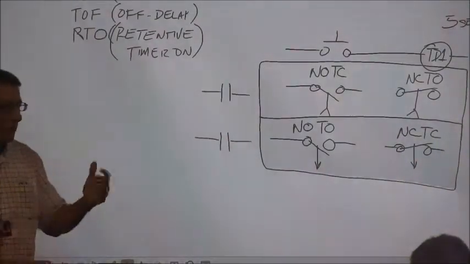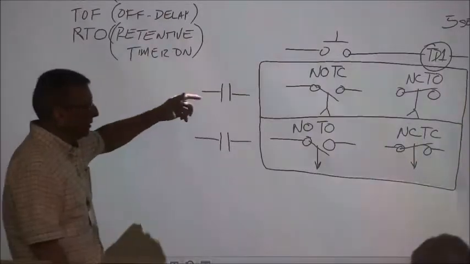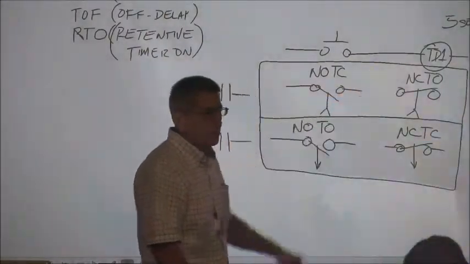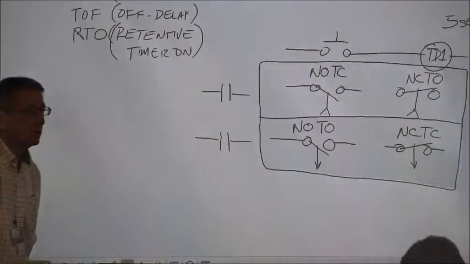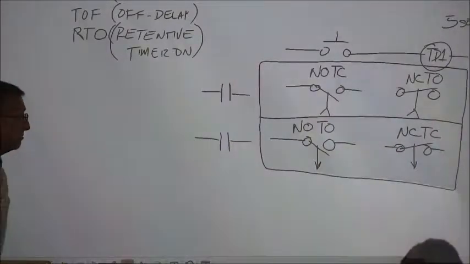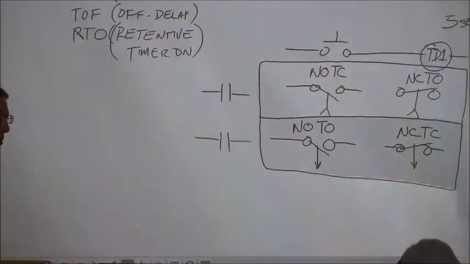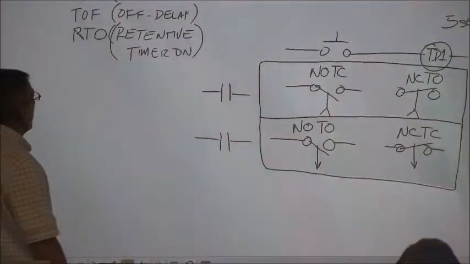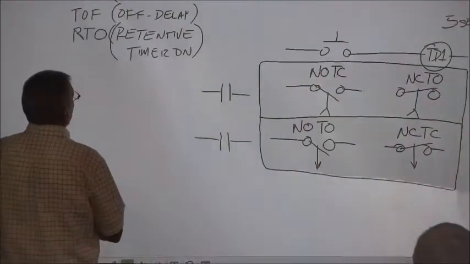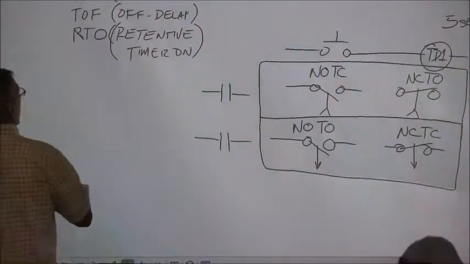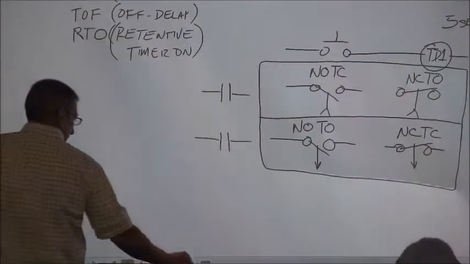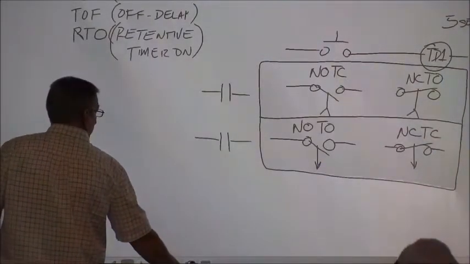So they close and open based on when the timer relay is energized or de-energized. Instantaneous and then timed. The TON instruction, actually, that's the best way to do it.